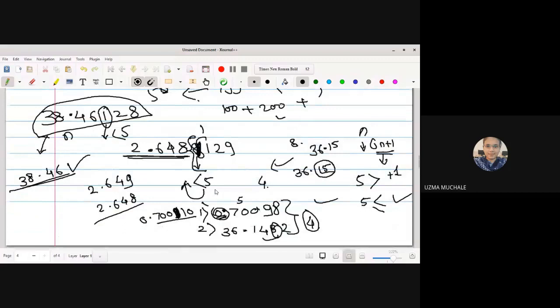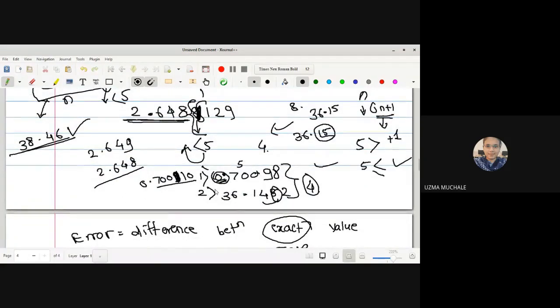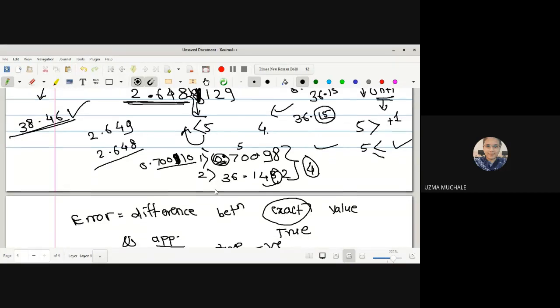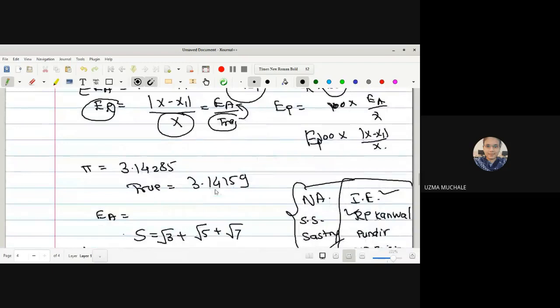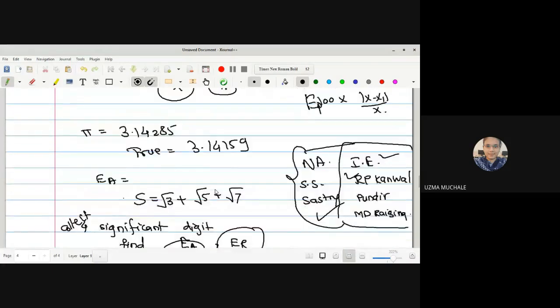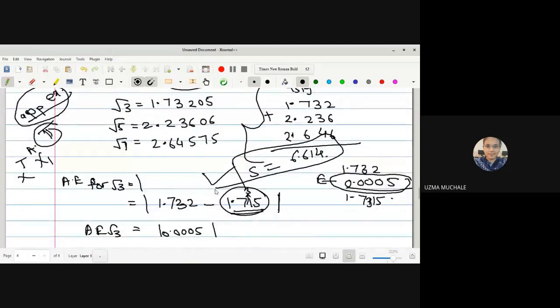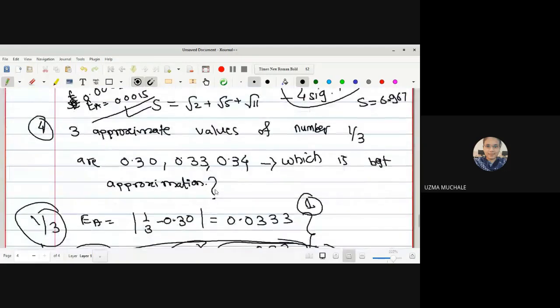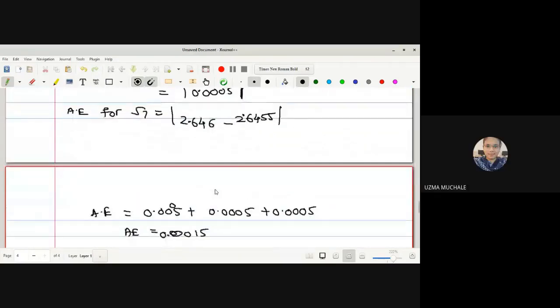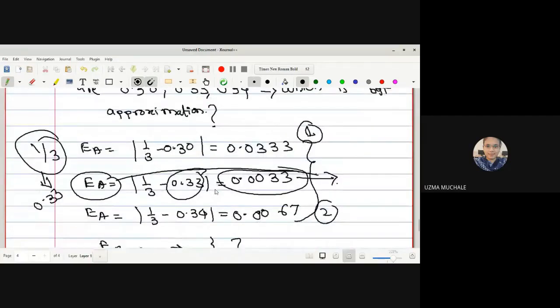We have already used this many times in daily life. If the digit is greater than 5, we add one to the number; if it is less than 5, we keep it as it is. Next we saw absolute error, relative error, and percentage error. Any doubt with all these? No, ma'am.